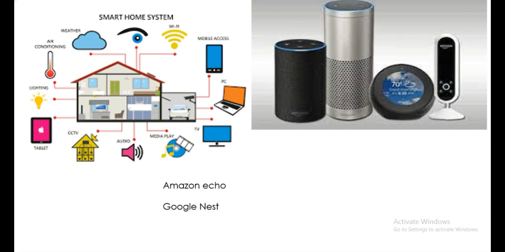Where natural language is concerned, it is a natural part of our everyday life. So nowadays you can even do a Google search without having to type anything using your Google Assistant. We also have devices such as Amazon's Echo and Google Nest, which help to build the capacity where smart homes are concerned.